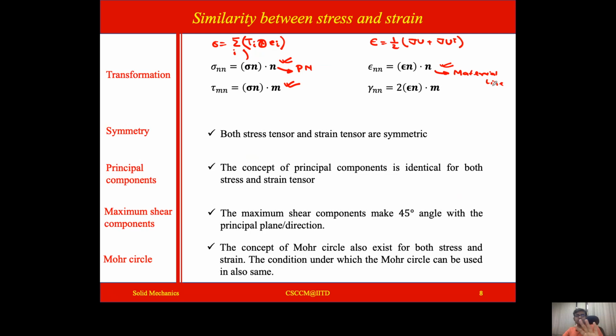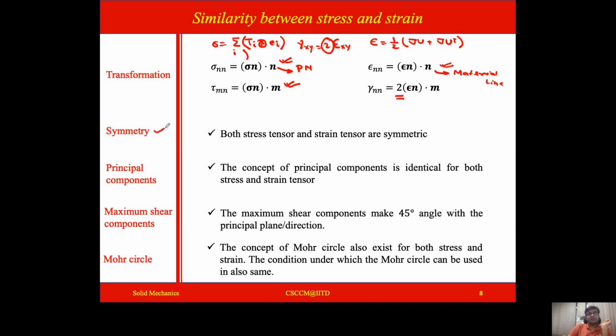But apart from these two facts, the formulas are exactly the same. For gamma, there is one additional term, because gamma xy is actually twice epsilon xy. So that is where this 2 is coming from. But other than that, they are the same.